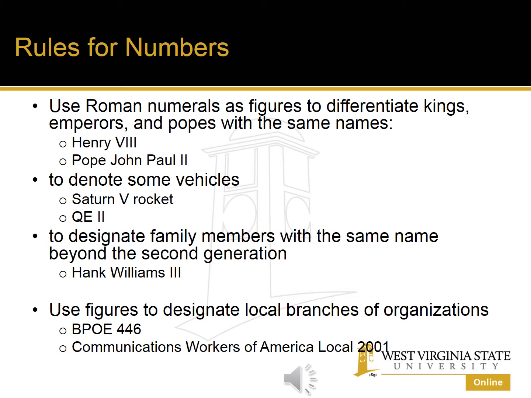We also use figures, Arabic figures, to designate local branches of organizations such as BPOE 446, the Elks, or the Communication Workers of America, Local 2001 for a labor union.